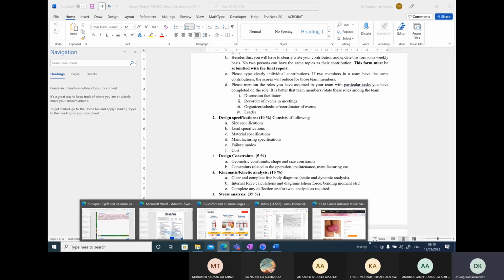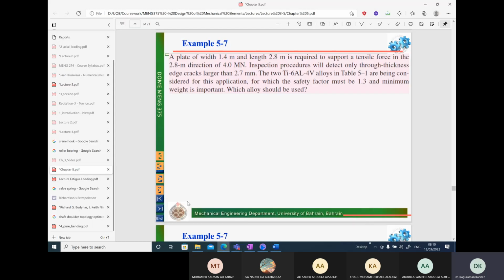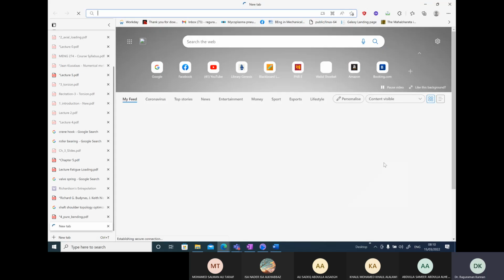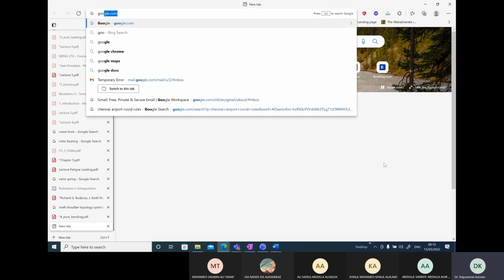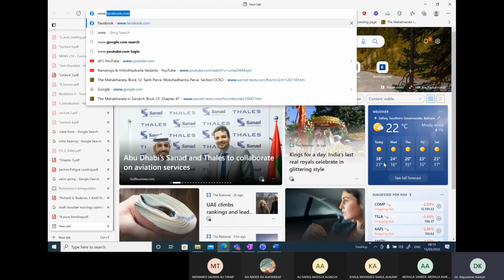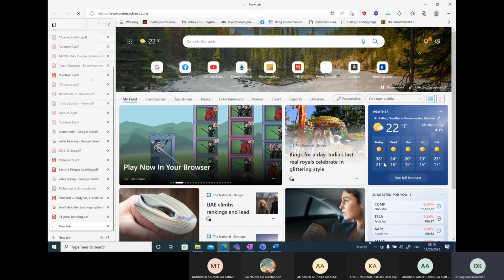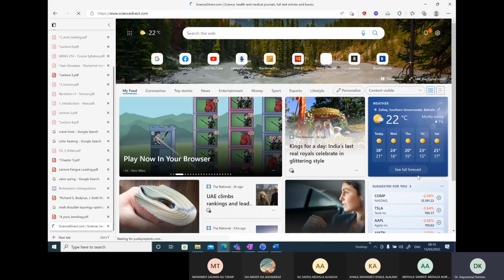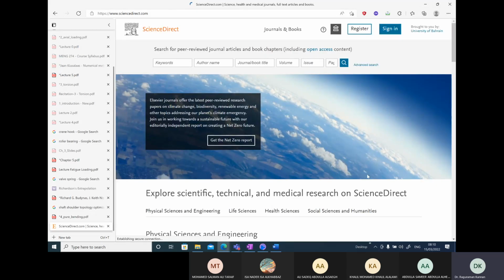For example, maybe I showed you, or let's see, if you come online on campus, especially within the university campus, you should be able to get some papers from this particular website. Okay, so for example, I'm looking connecting rod, and let's see failure modes.